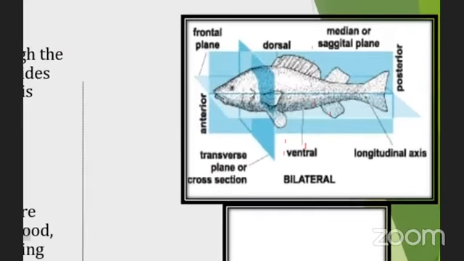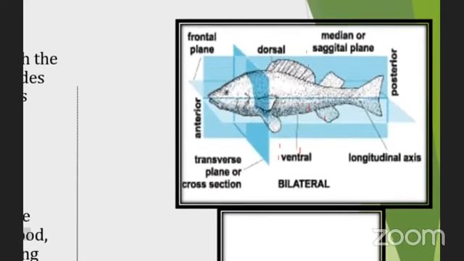This is the anterior portion and this is the posterior. The median or sagittal plane, which you are able to observe here indicated with the blue color. Got it? So the median sagittal plane.